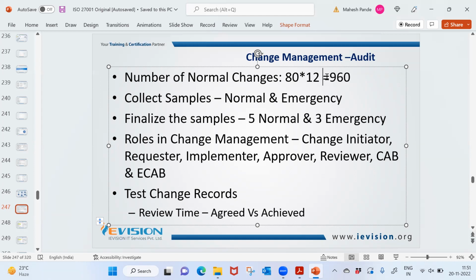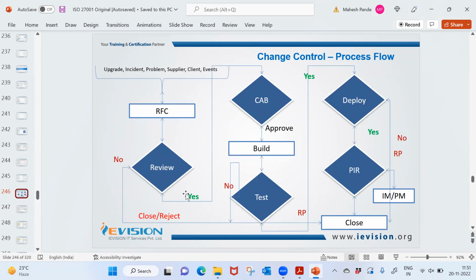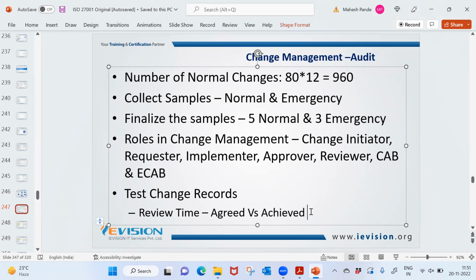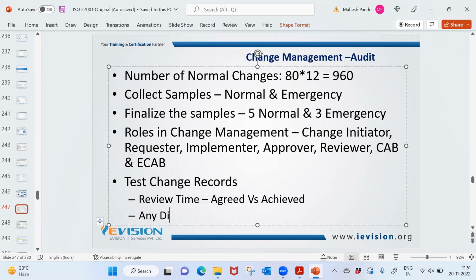So you have these many changes, out of which we are picking up only 5 and 3. I'll see the review time. Then I can verify whether the change was approved or rejected. Okay, and then I'll get into the CAB. Now, any disputes? Okay.